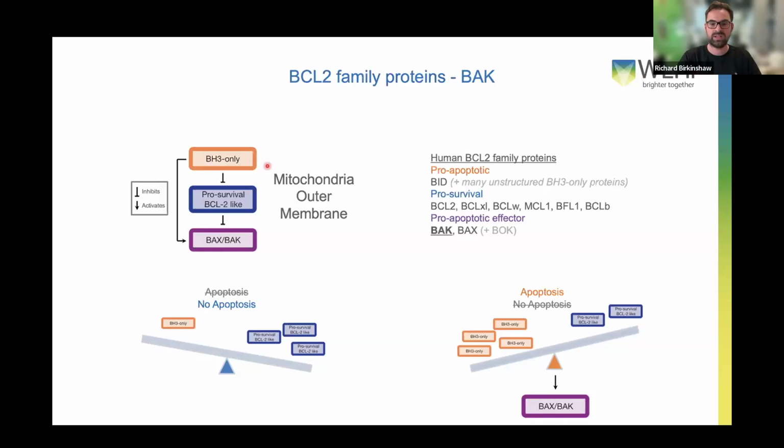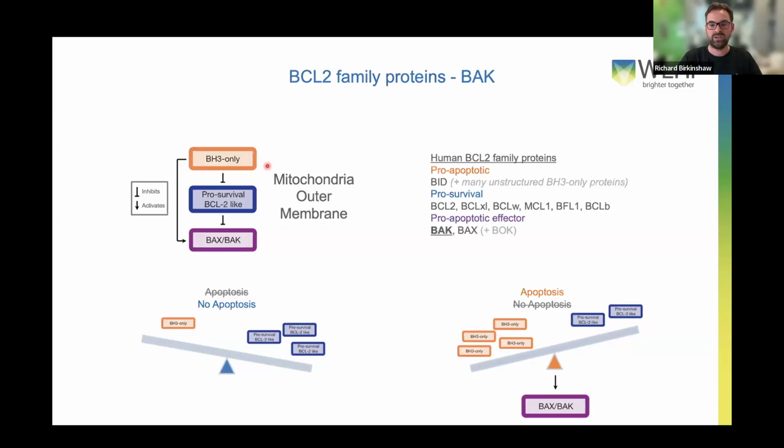The way they work is there's an interplay between these different classes, such that when you have a steady state, there's low expression of BH3-only proteins and a relatively high level of the pro-survival BCL2-like family proteins. These two interact.